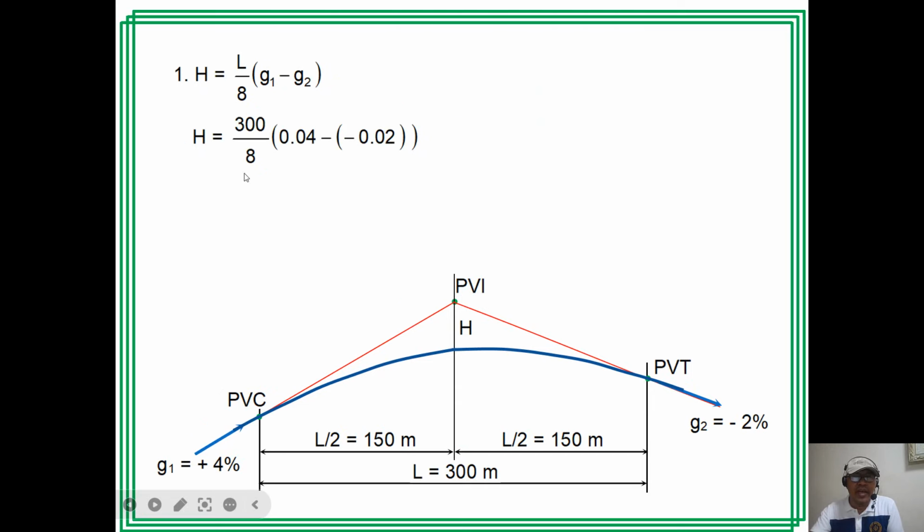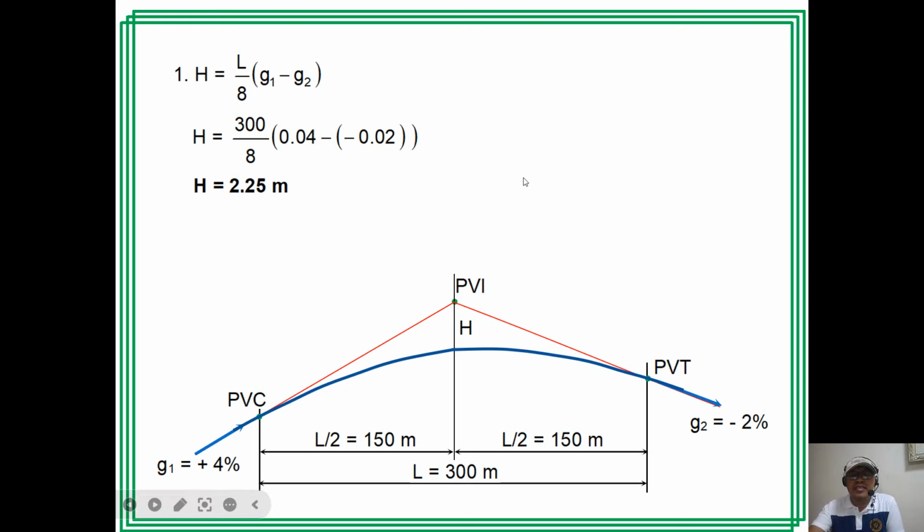So, 300 over 8, times 0.04 minus negative 0.02. So, h is 2.25 meters. We can check. So, 300 over 8, then we have 0.04 minus negative 0.02. So, that is 2.25 meters.